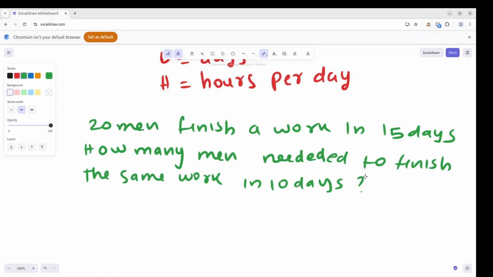How many men are needed to finish the same work in 10 days?